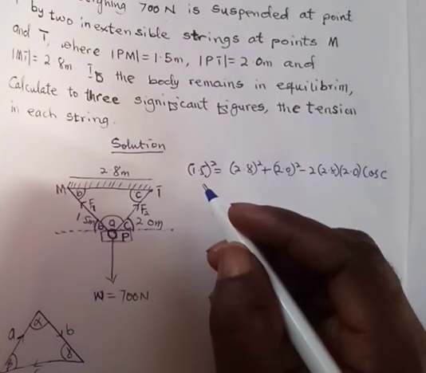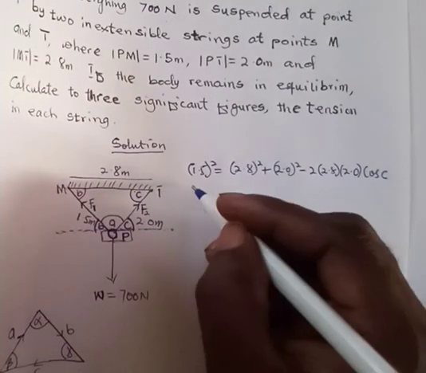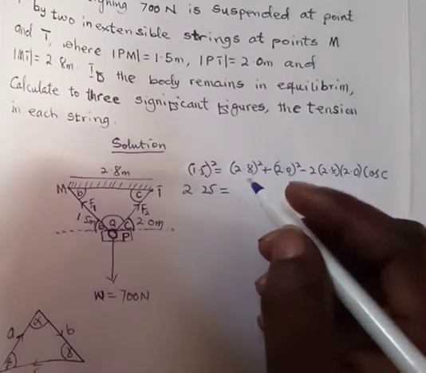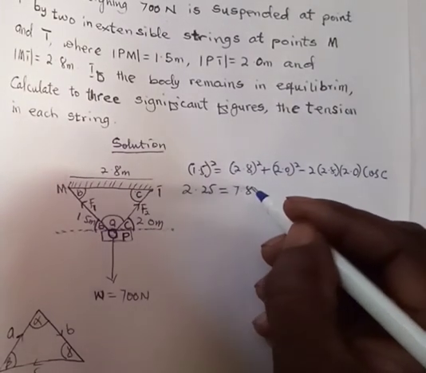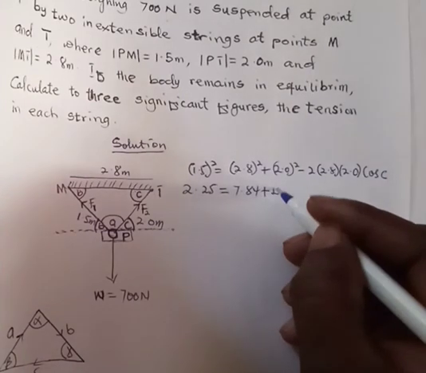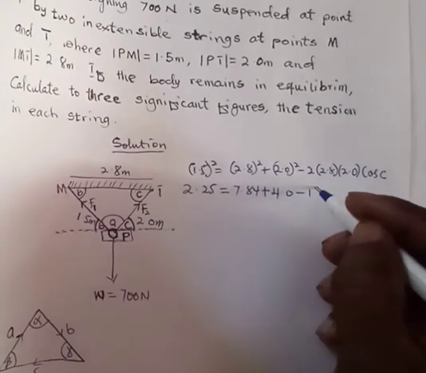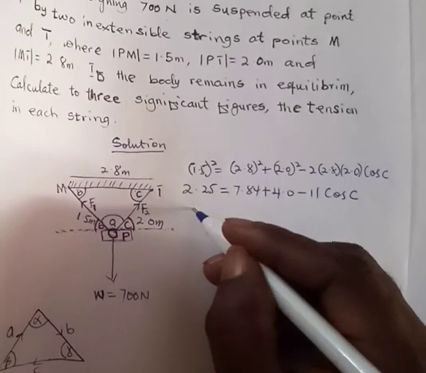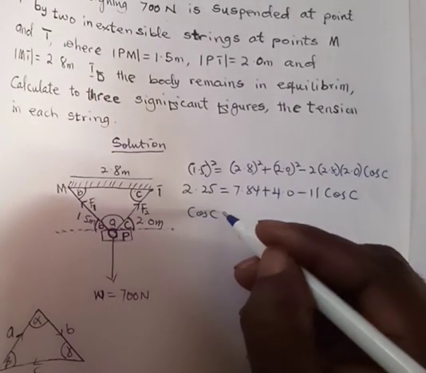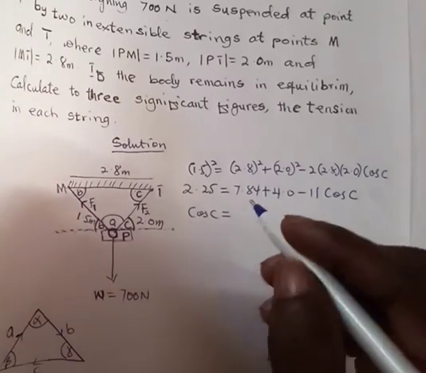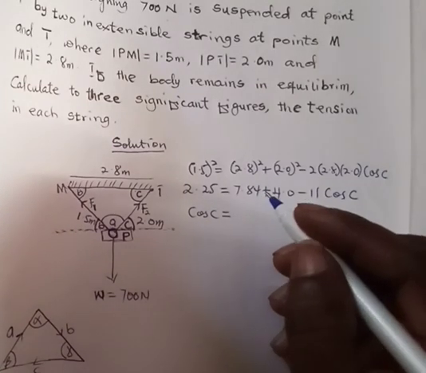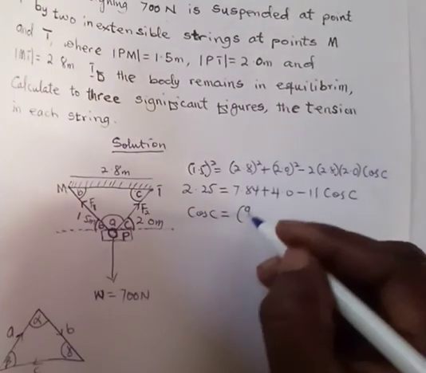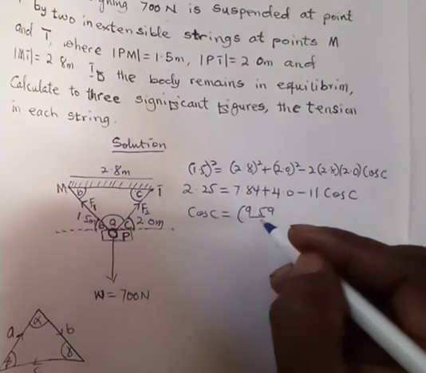So let's continue. If you use your calculator, this one we are getting 2.25 is equal to 7.84 plus 4.0 minus 11 cos C. So to get everything, we are getting cos C is equal to what? 9.59 divided by 11.